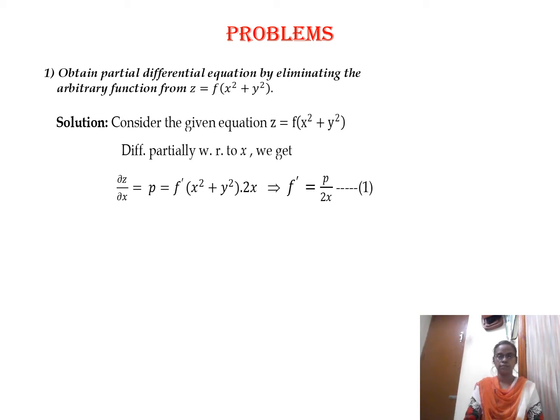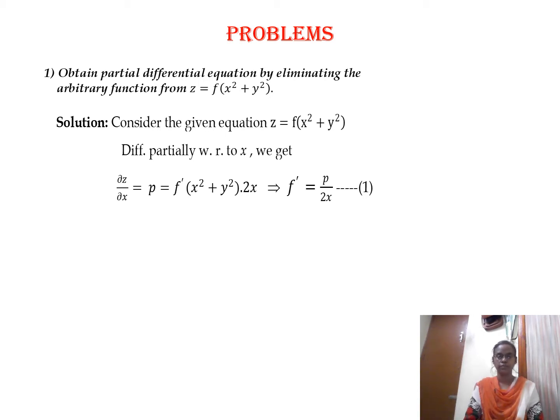When you look at this term, what does it say? It is a function of x squared plus y squared. So basically, it's f, which is a function of x squared plus y squared. It may be cos of x squared plus y squared, plus x squared plus y squared the whole cube, like that. So everything will be in terms of x squared plus y squared. That is the meaning. So when we differentiate, first we need to differentiate the f.